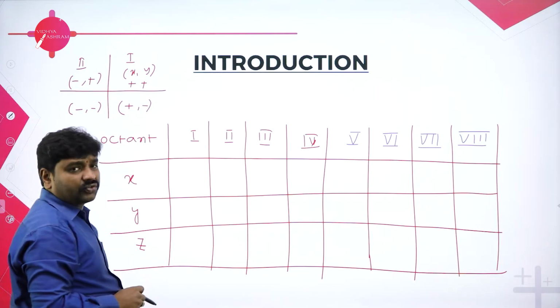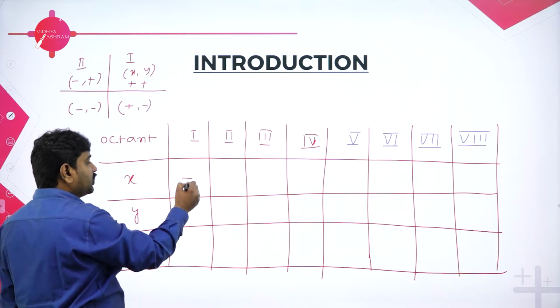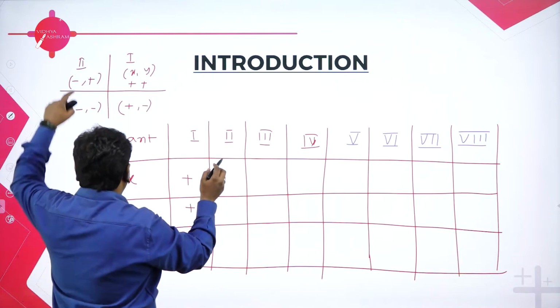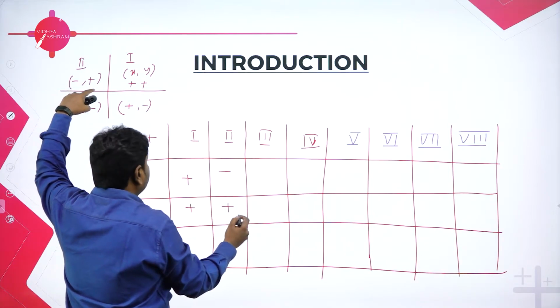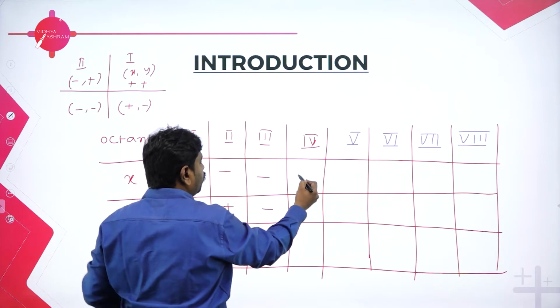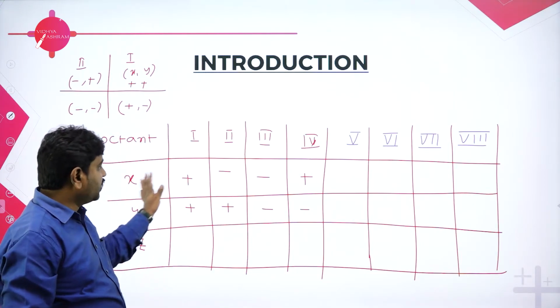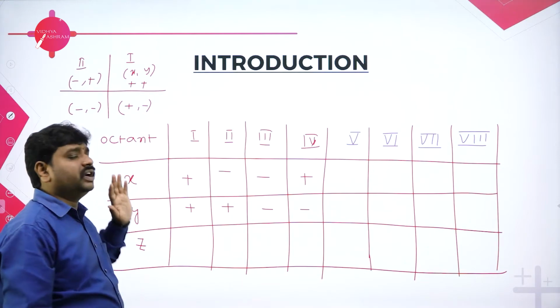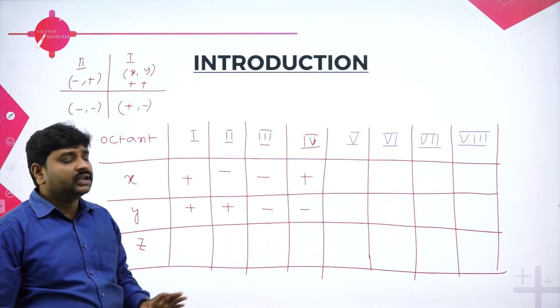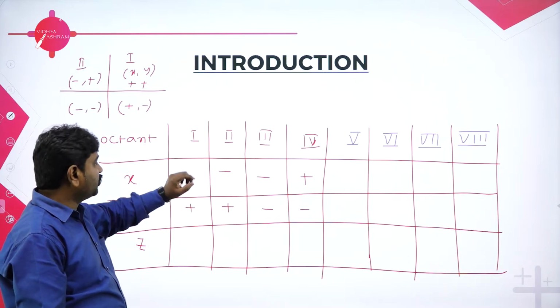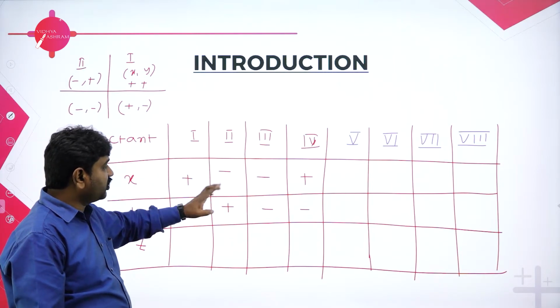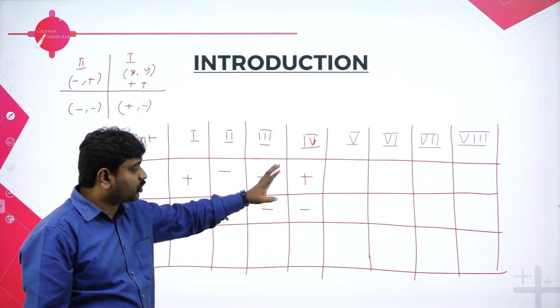So first you fill X, Y. In the first quadrant, both X and Y are positive. In the second quadrant, X negative, Y positive. In the third quadrant, both negative. In the fourth quadrant, X is positive, Y is negative. Any difficulty? We filled X and Y using the quadrants.